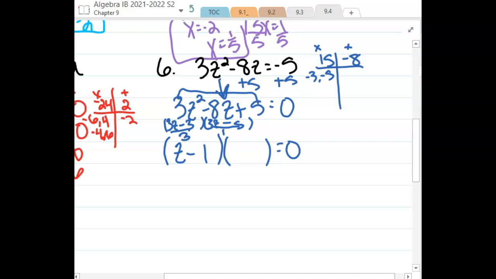And then when you divide by 1, that's just going to stay 3z minus 5.